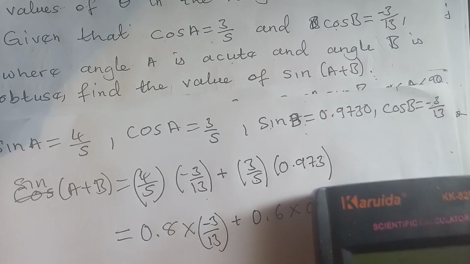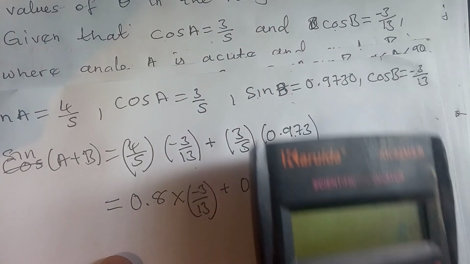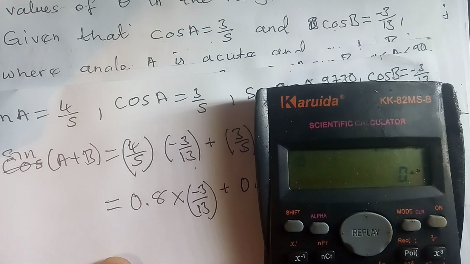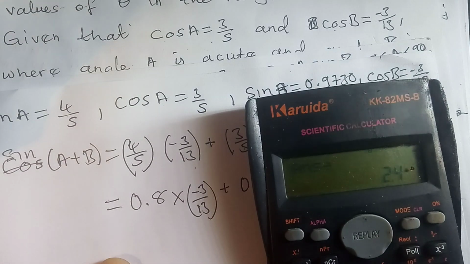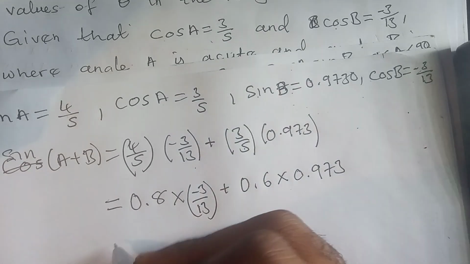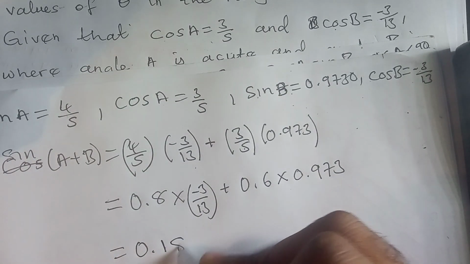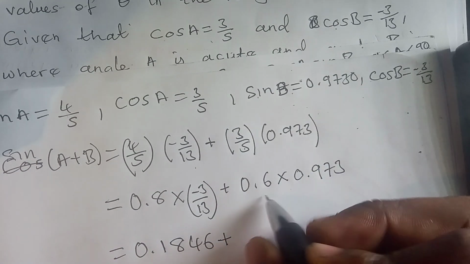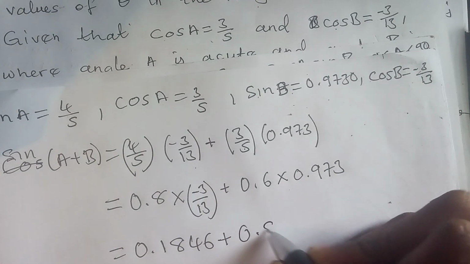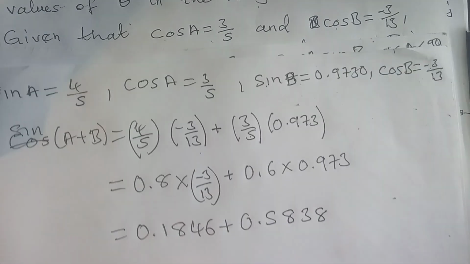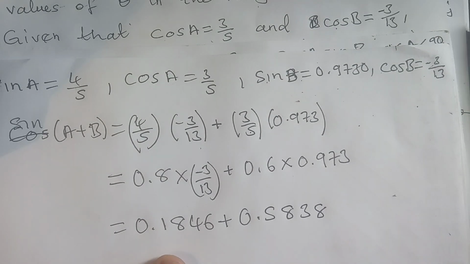I can multiply these using my calculator: 0.8 multiplied by 3 is 2.4, divided by 13, we have 0.1846, plus 0.6 multiplied by 0.973, which is 0.5838.